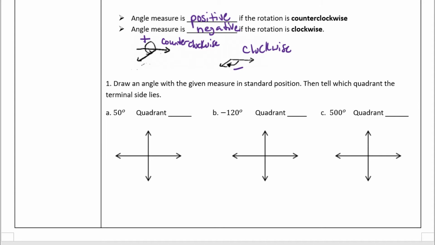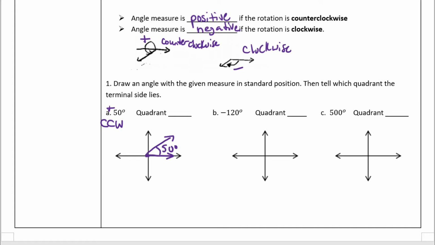We're going to practice drawing these angles in standard position. You want to draw an angle in standard position, then indicate the quadrant where the terminal side lies. Remember the vertex is at the origin. We have our initial side, and our terminal side is 50 degrees from here, and it's positive, so that means counterclockwise. So we're going 50 degrees, and that's my angle.